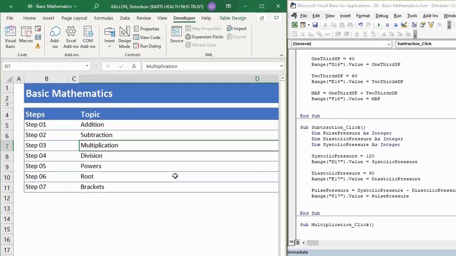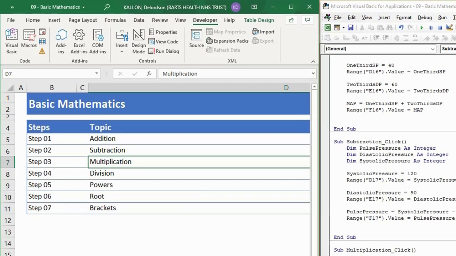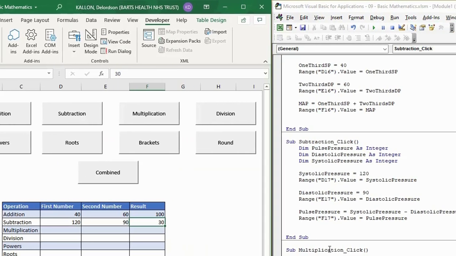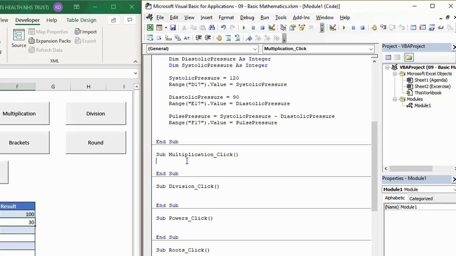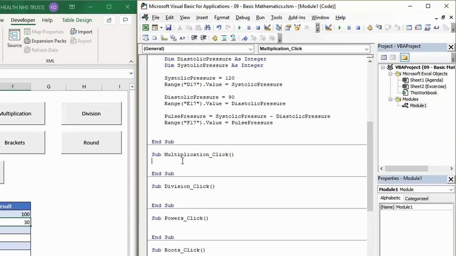Next, let's take a look at multiplication. To demonstrate multiplication, let's calculate target heart rate.